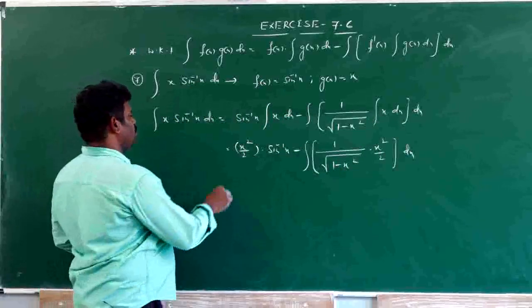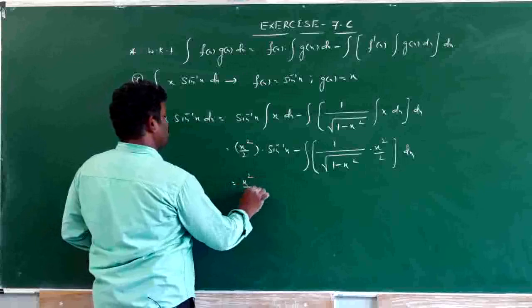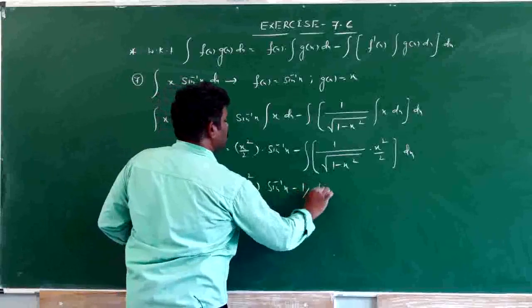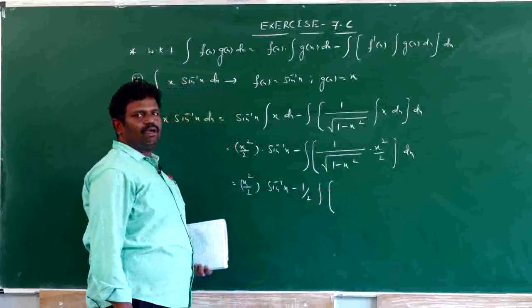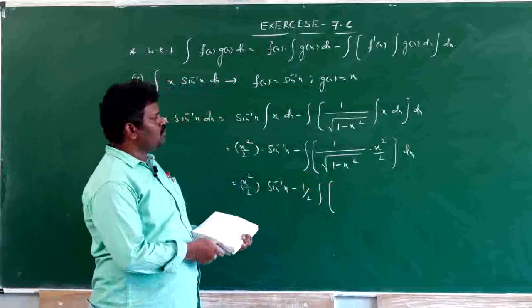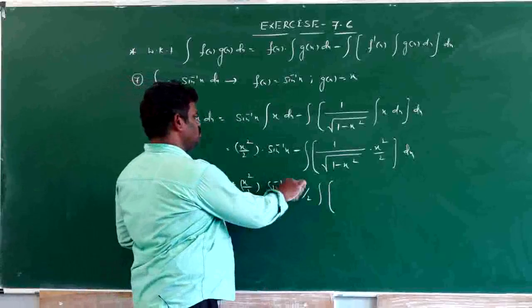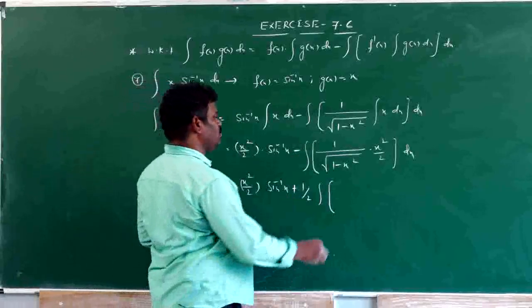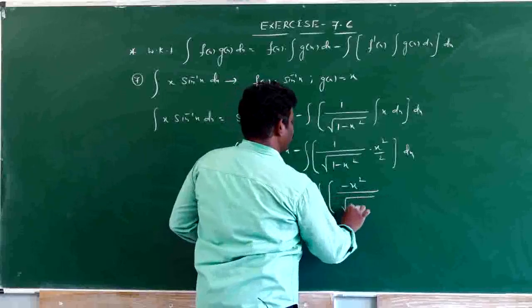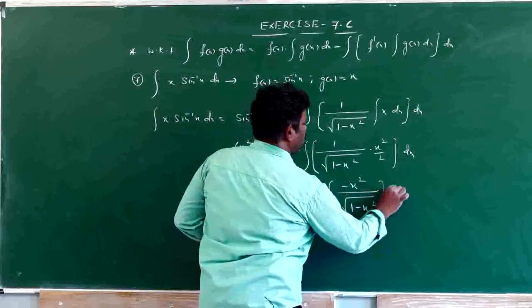Now finally, x square by 2 into sine inverse x minus 1 by 2 integral of x square over 1 minus, so minus x square. Taking this minus inside, we get minus x square by root of 1 minus x square into dx.